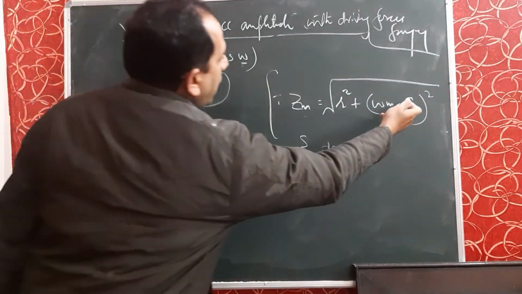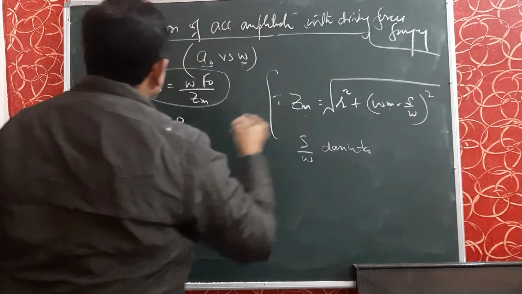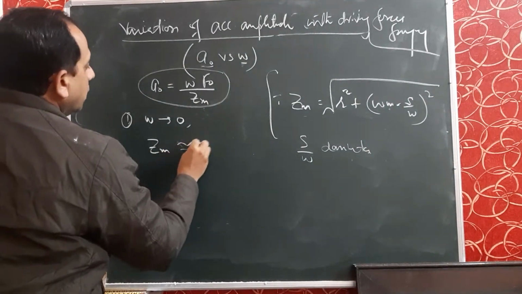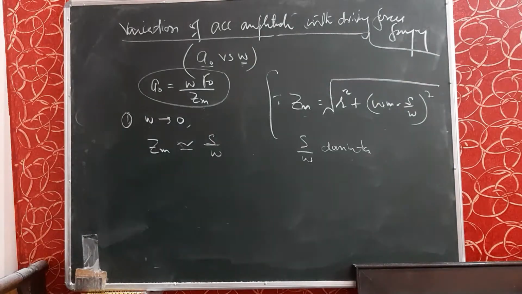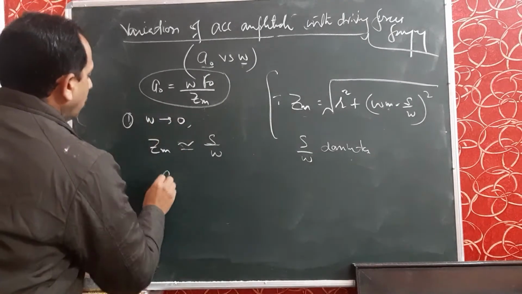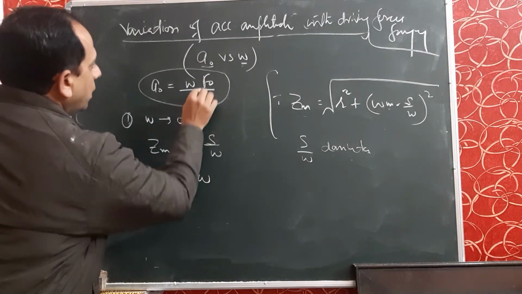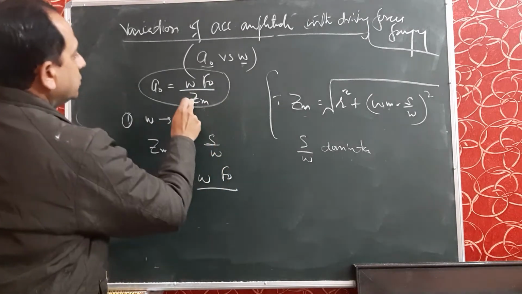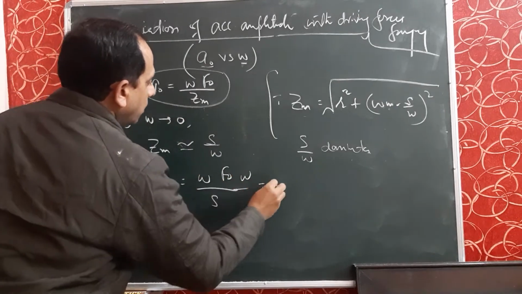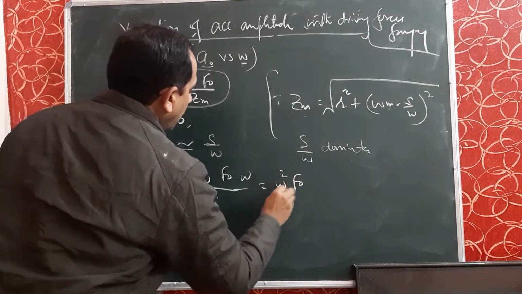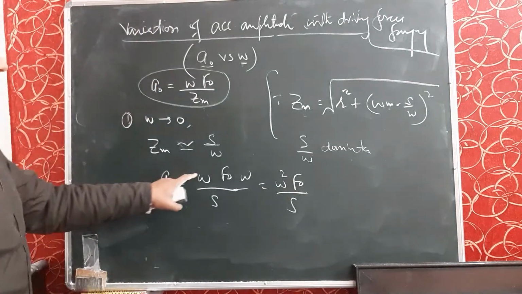So Zm approximately becomes s by omega, because of its dominance. So A naught becomes omega into f naught upon Zm, with Zm as s by omega, so it becomes omega square f naught upon s.